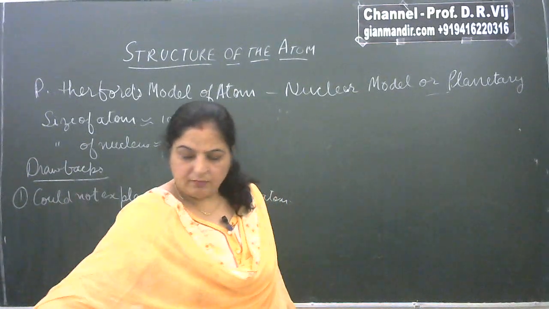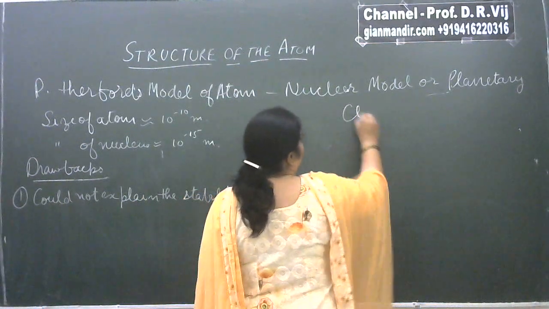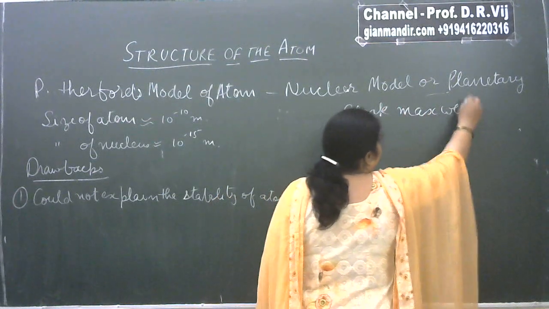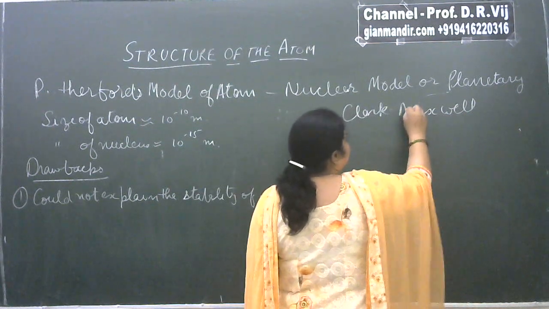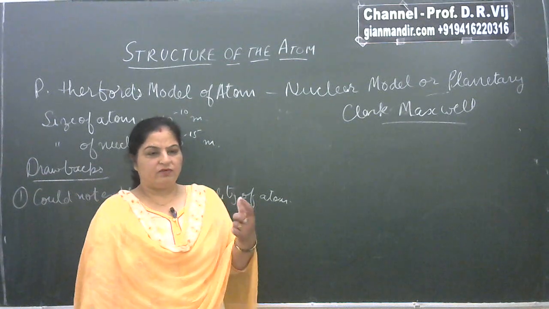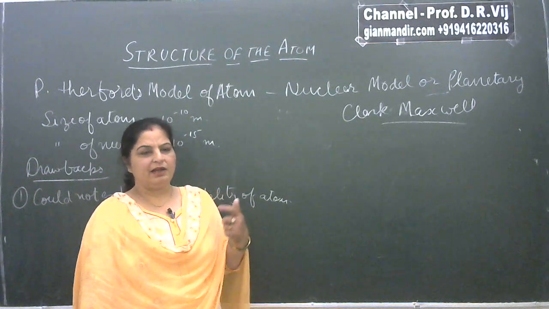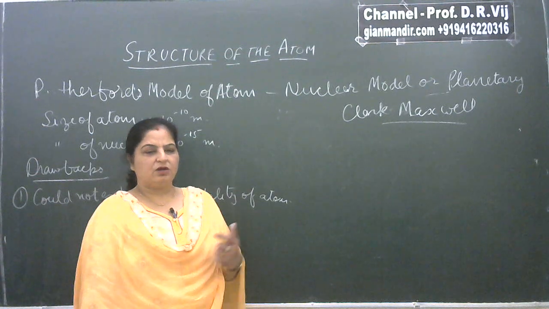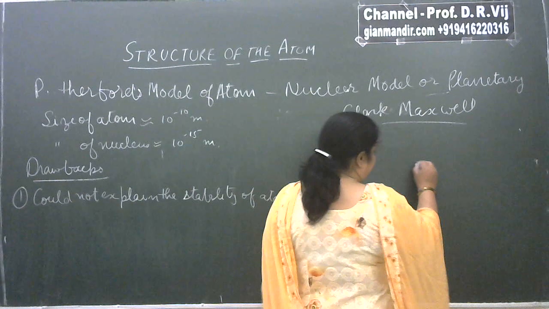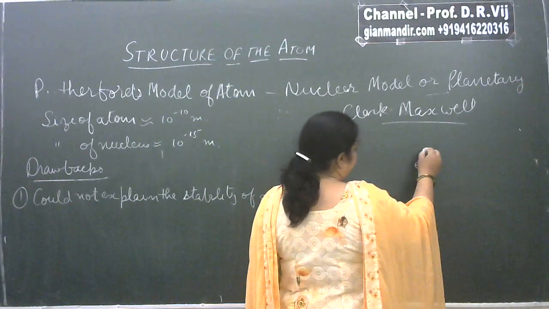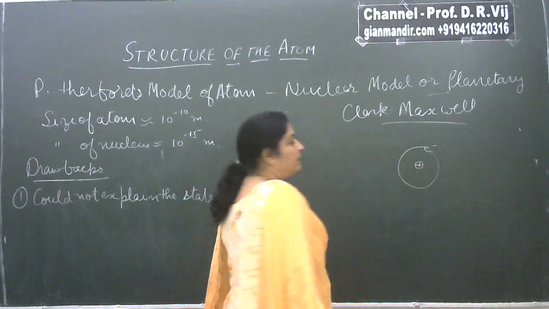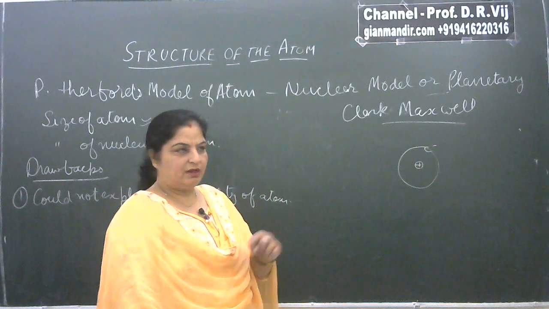Clerk Maxwell, who was studying the motion of charged particles, saw that whenever there is a charged particle under accelerated motion, it continuously loses its energy. And here also in the atom, the nucleus in the center and the electrons are charged particles which are moving in circular paths.